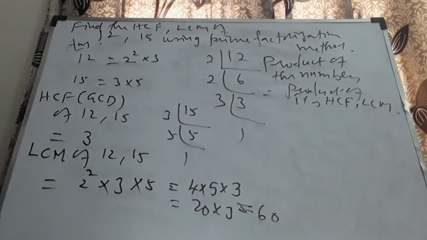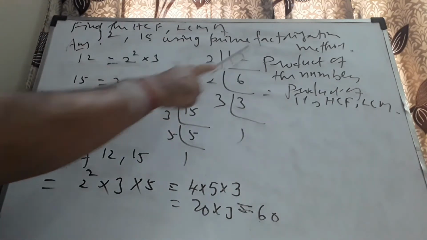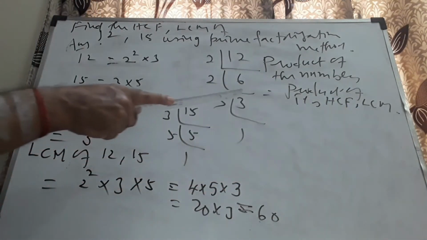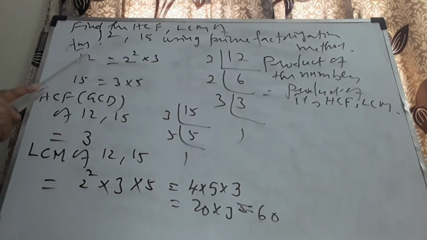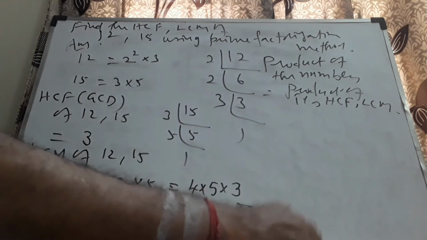That is true for two numbers, not for more than two numbers. Let me repeat. For two numbers, the product of the numbers will always be equal to the product of their HCF and LCM. That result is also true.